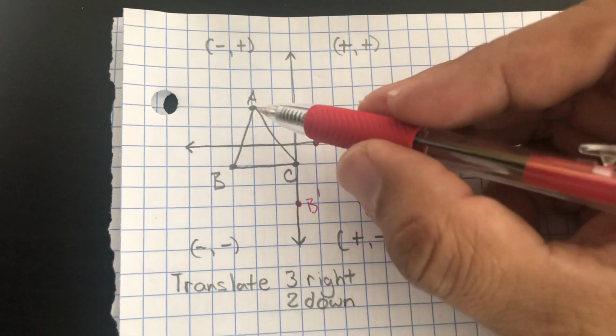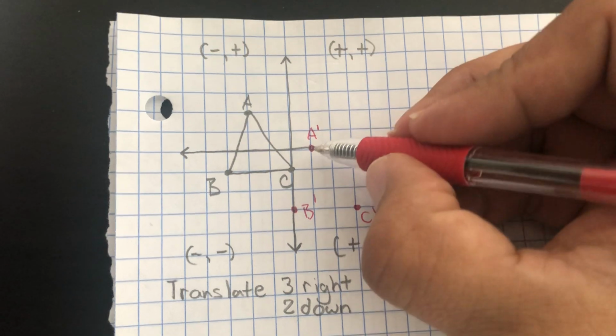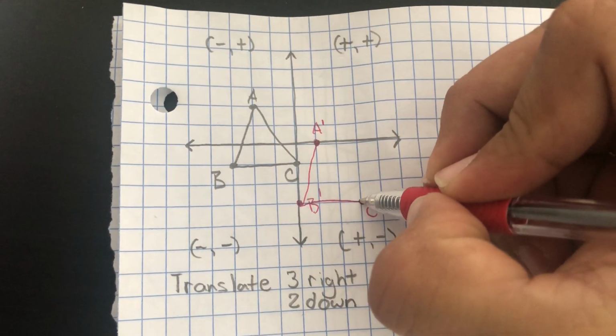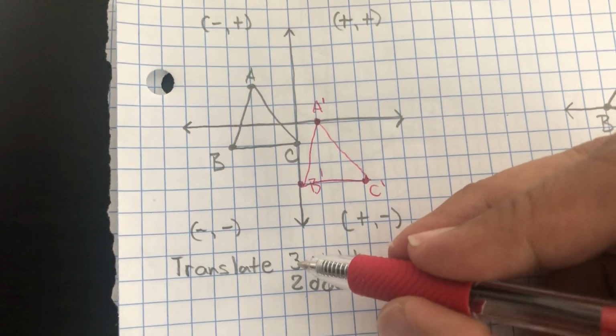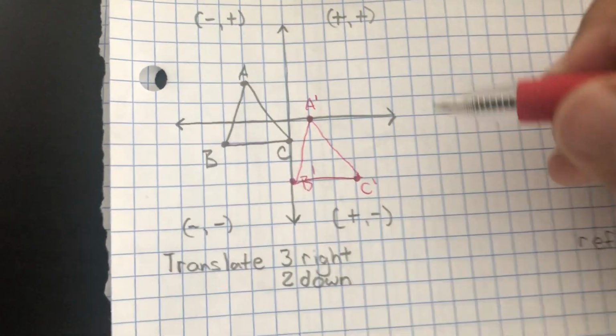And seeing as though I've shifted every single dot exactly the same amount, that means the entire shape, after I connect it here, has also shifted exactly the same amount, 3 right, 2 down. And that's what translation is.